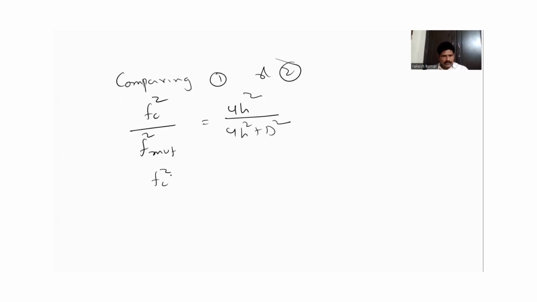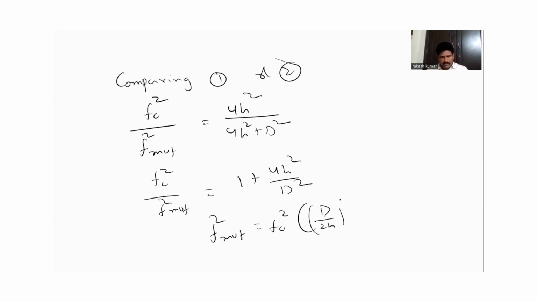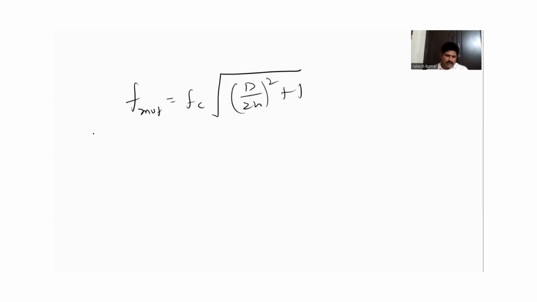So f square is equal to fc square into (d by 2h) whole square plus 1. Therefore, the final expression is f is equal to fc into root of (d by 2h) whole square plus 1. Very, very important.